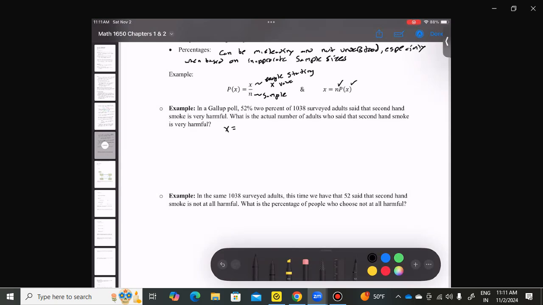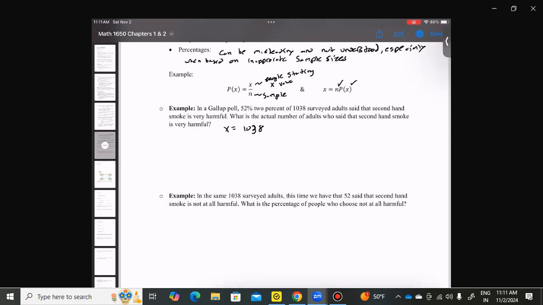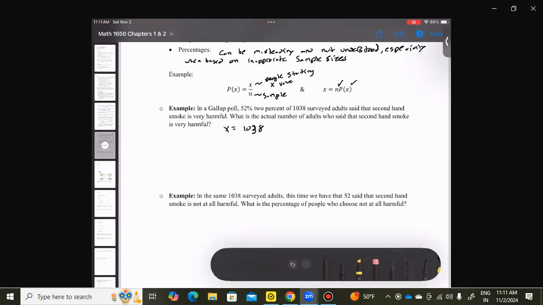So sample size is 1,038. Percentage, we have to write the percentage as decimal here. Percentage is 0.52. We get 539.76. Since we're dealing with people, we're going to round up to 540.